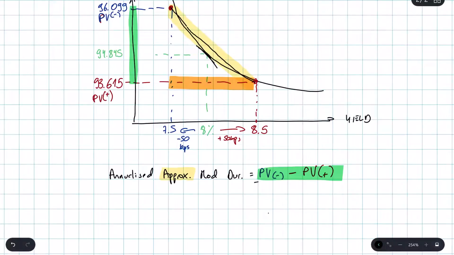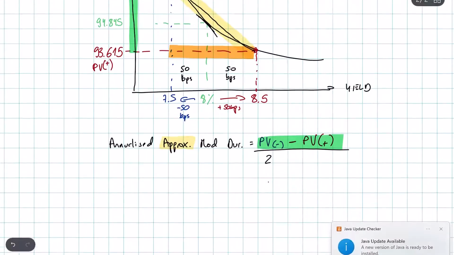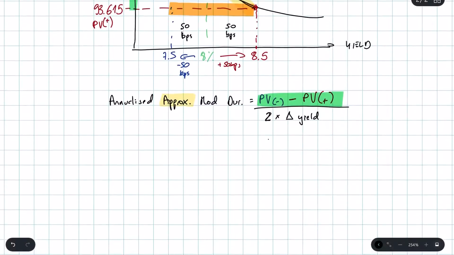So I'm going to divide by, and look, that horizontal difference is 2 lots of 50 basis points, one way and the other way. So we effectively have in the denominator 2 times the change in yield that we assumed in our computations. That's going to be, in our case, 2 lots of 50 basis points.